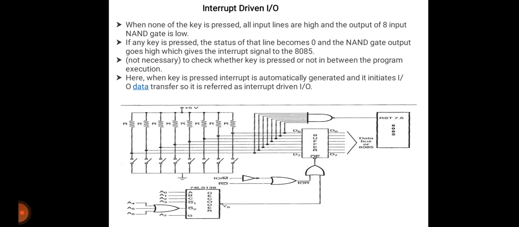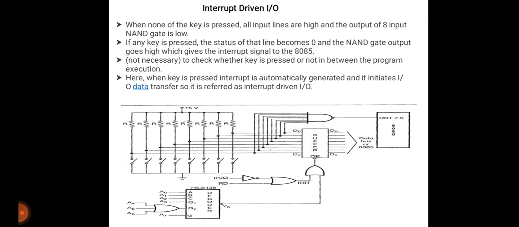The last one is interrupt driven IO. You can see here the figure of the interrupt driven IO. When none of the keys is pressed, all input lines are high at logic 1 and the output of the 8-input NAND gate is low, meaning 0.